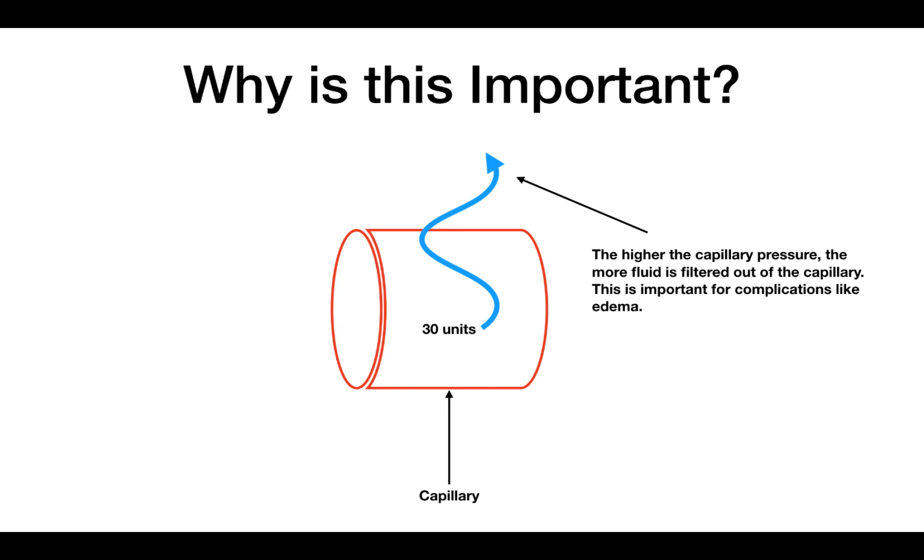The higher the capillary pressure, the more fluid is filtered out of the capillary, and when you're talking about fluid flowing out of capillaries and into the interstitium, this becomes important for certain conditions like edema or swelling. So this is why capillary pressure is such an important concept to understand.